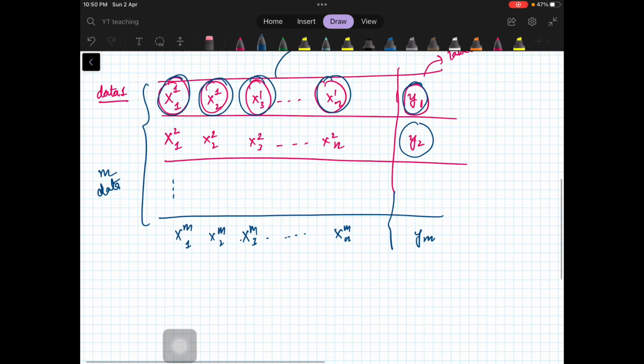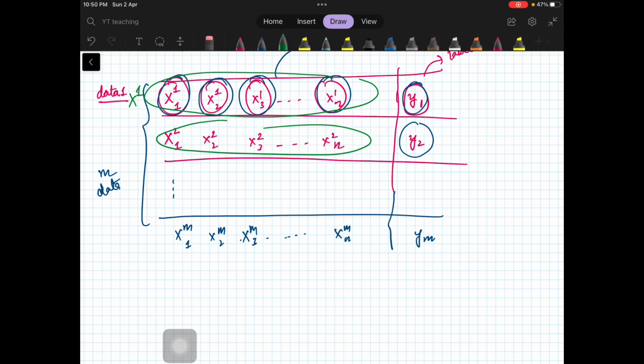And what you are trying to do is predict a function. One more thing before that: I'll denote this whole set as x1 and this whole set as x2, as a vector, and this as xm.